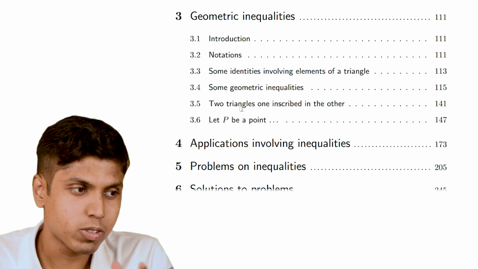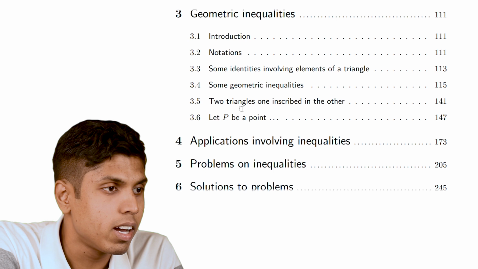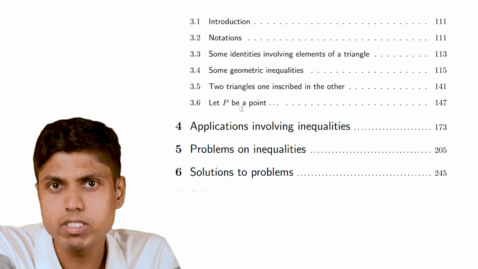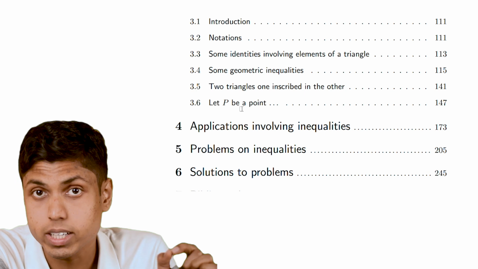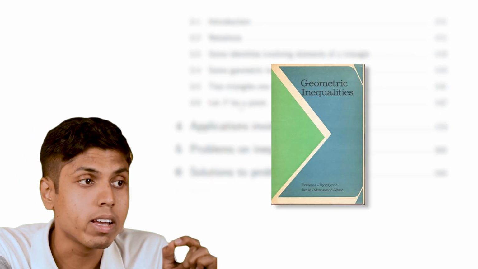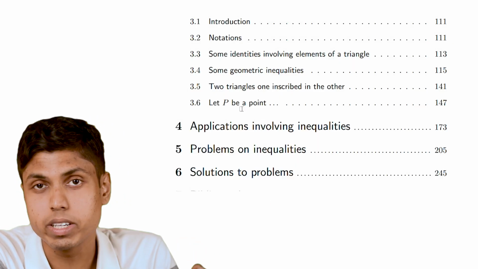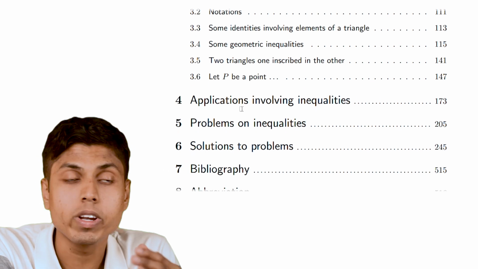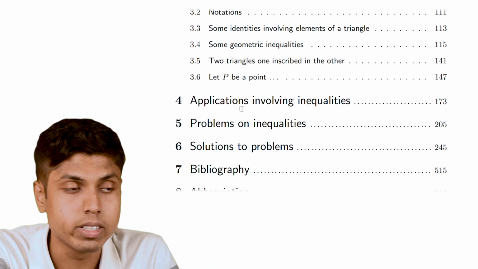Just get familiar with these notations. There is also a book dedicated particularly to geometric inequalities, written by Bottema, a Dutch mathematician. You can take a look at that book if you are more inclined towards geometric inequalities.